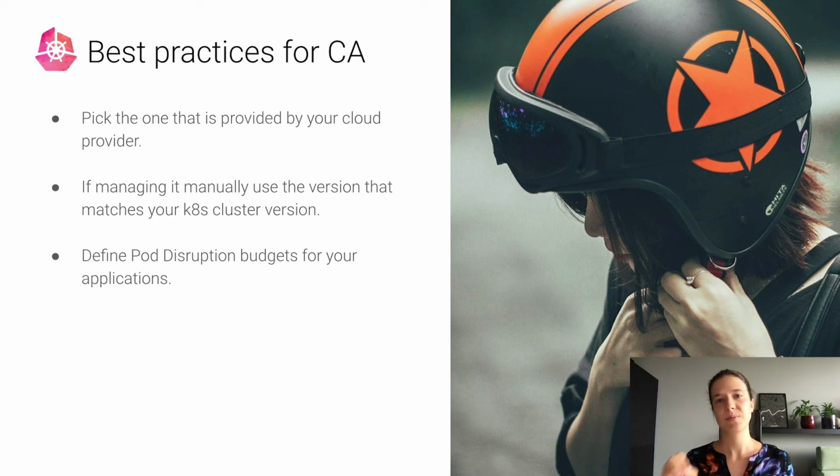There may be some subtle differences between versions of Scheduler and Cluster Autoscaler, and this may result in some very subtle and very hard to debug issues. And lastly, again, define pod disruption budgets for your applications. We mentioned when discussing VPA that you should always do this, but for Cluster Autoscaler, it will let you control how often it can restart your pods when it wants to scale down a node.